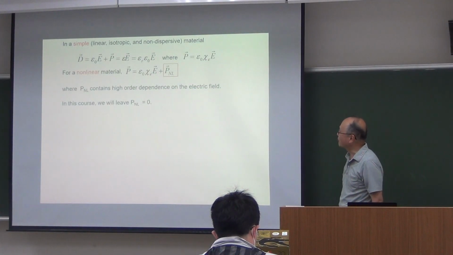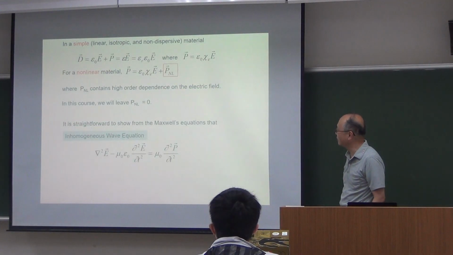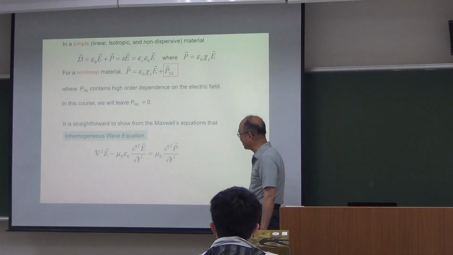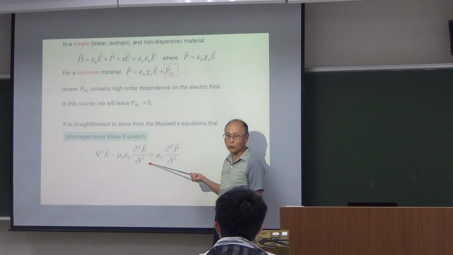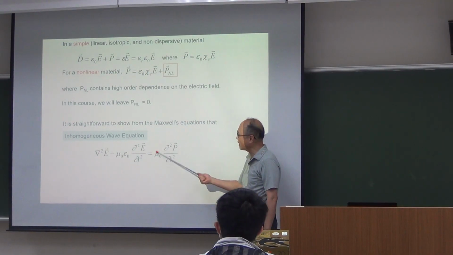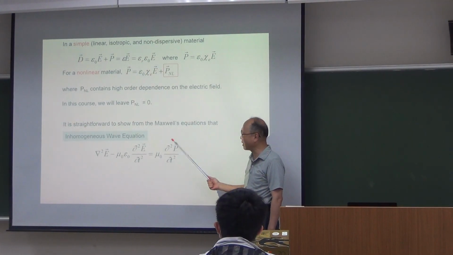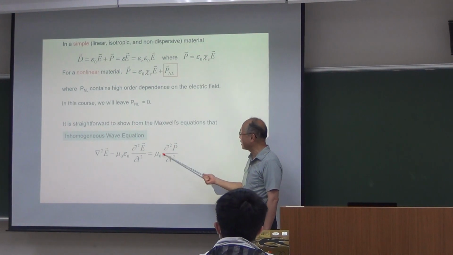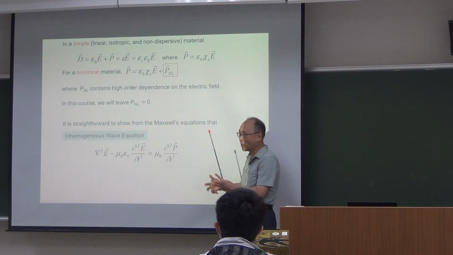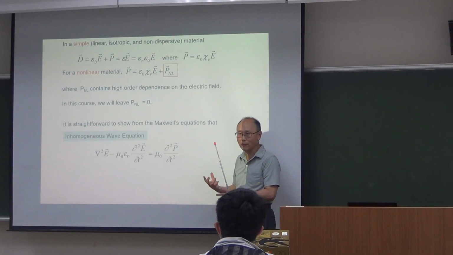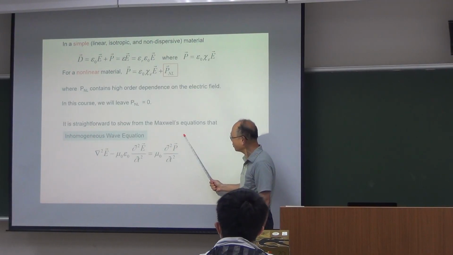All right. So if you put this into Maxwell's equations, then you can generate this inhomogeneous wave equation. On the right hand side, this is the antenna, and this density of antennas is changing over time. The amplitude of it is changing over time.